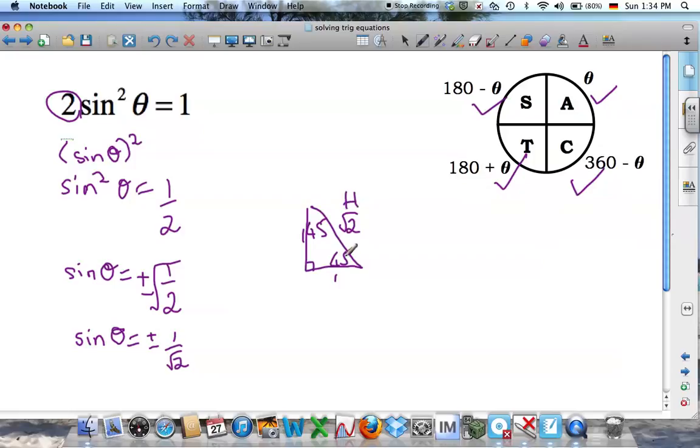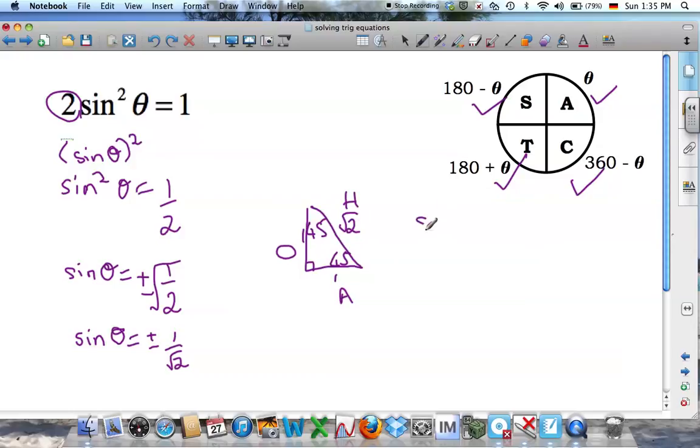Remember this is your hypotenuse. Now because these 2 angles are the same, it doesn't matter which one you use. If I use this 45 down here, then that's the opposite and that's the adjacent. But if I use this 45, these 2 would be the other way around. It doesn't matter, you get the same answer. So if I do sine is opposite over hypotenuse, there's 1 over root 2.